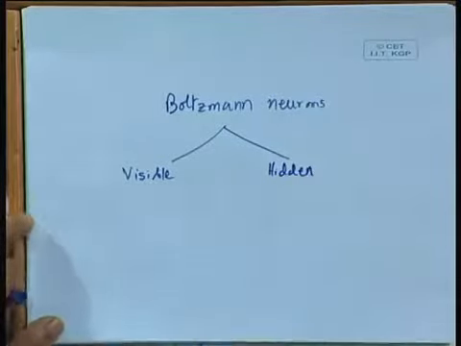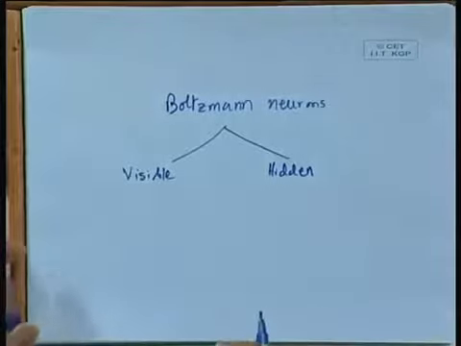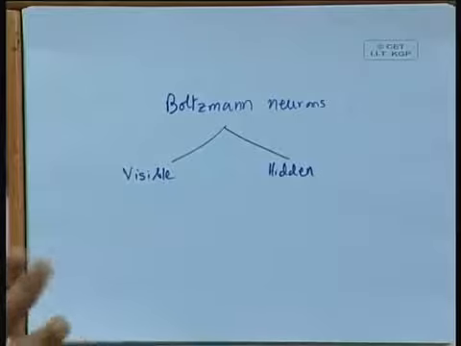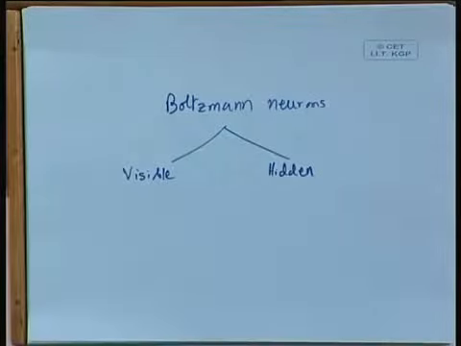Now, can we change the states of all the visible neurons as per our will, or can we allow all the neurons available at the output layer to change? Perhaps we can, perhaps we cannot. In which case we cannot?